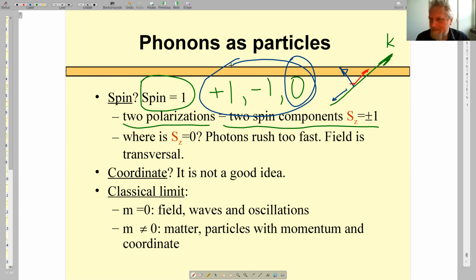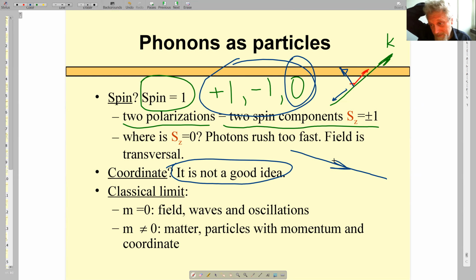Right, one could ask what the coordinate of this particle is. Again, for the same reasons, it's not a good idea to think of the coordinate of a single photon. At least in linear optics, one can actually see beams of light, but it would be impossible to set coordinates along this beam in the direction of the beam propagation.